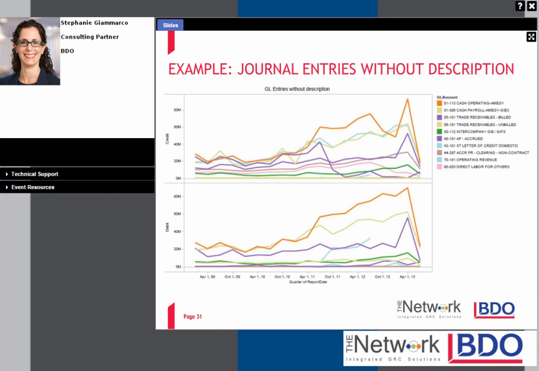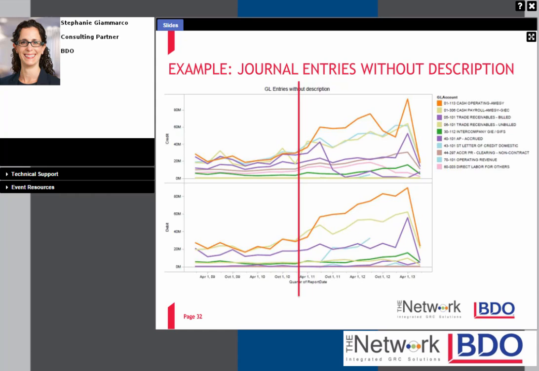Another example here that's probably near and dear to many of our hearts has to do with journal entries. We were looking here at entries without descriptions. And what happened was you can see right there in the middle of this time period that there seems to have been some sort of change.